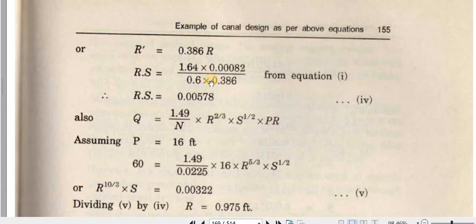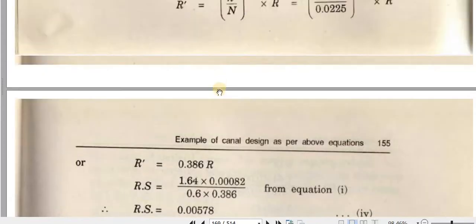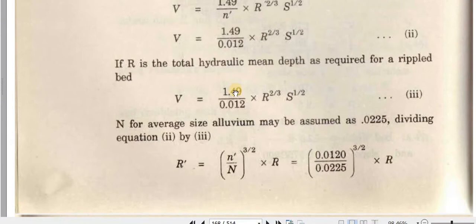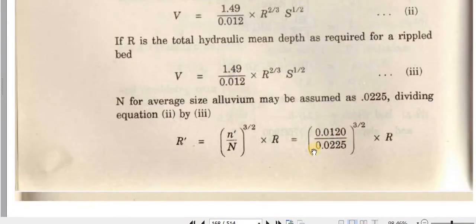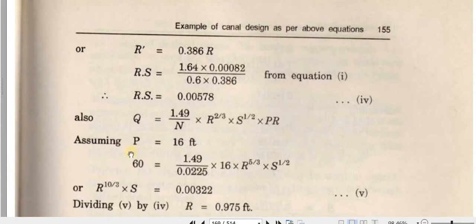You have to enter the value of R dash here to convert it into RS. Now we have this second equation, and we have a total of 3 equations and 3 unknowns. So R dash S is equal to 0.00578.